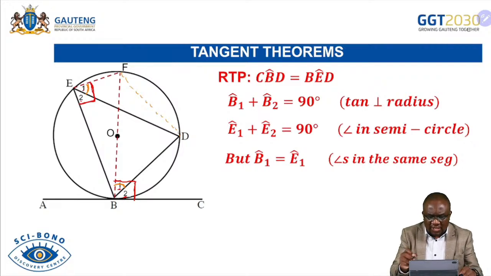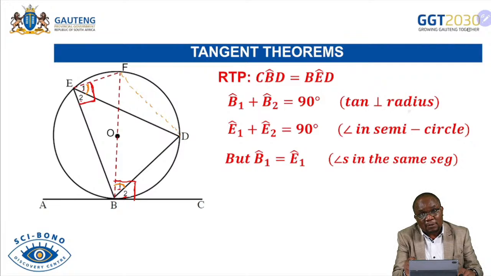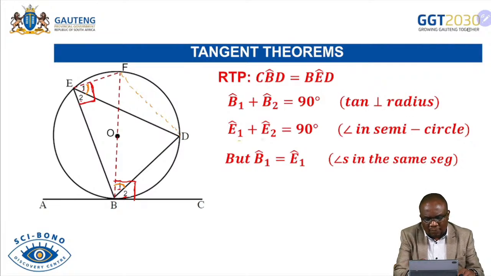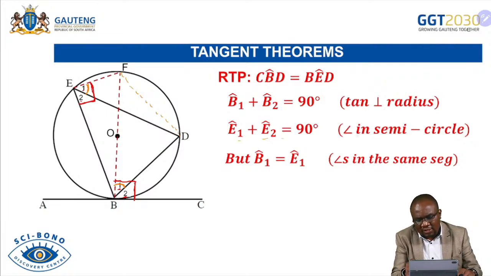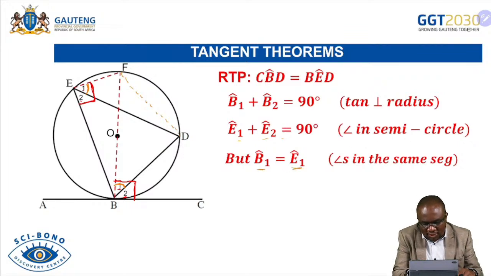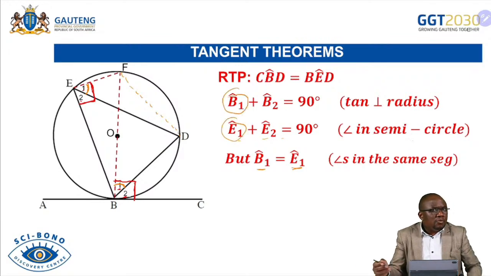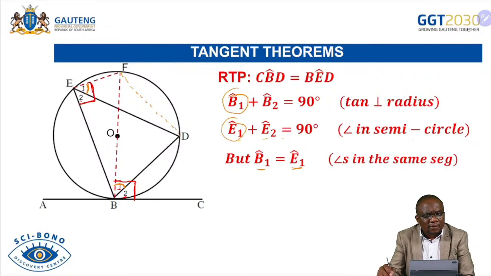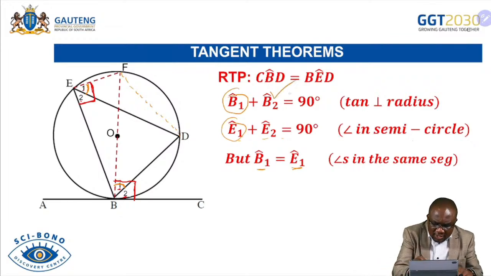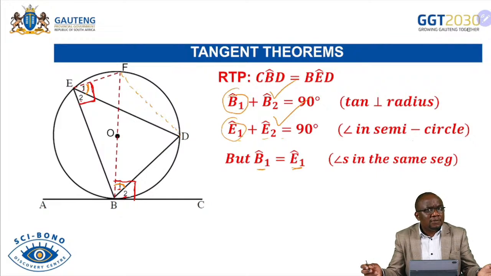Okay, so now we're saying B1 plus B2 is 90 degrees, tangent perpendicular to radius. E1 plus E2 is 90 degrees, angle in the semicircle. But B1 is equal to E1. So it means this and this are equal. Then what does that mean? It means this is equal to this. That's what it means, isn't it? So we can conclude and say B2 is equal to E2.